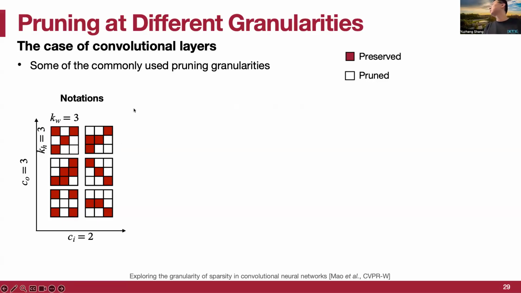We have six in each layer, and if we do unstructured or fine-grained pruning, we can prune out some elements that have no pattern.